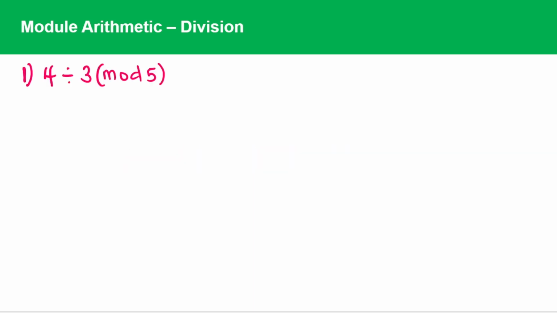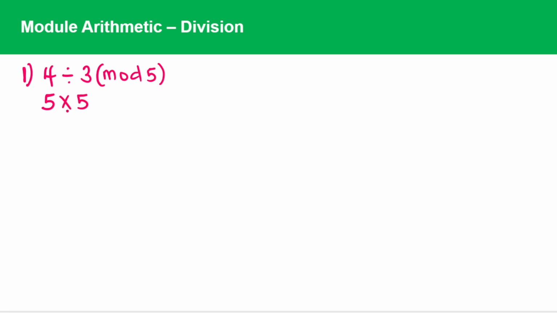We have 4 divided by 3 in mode 5 using the first method, that is the multiplicative inverse method. We'll begin first by trying to understand what the multiplicative inverse method is all about. Suppose I ask you, what is the multiplicative inverse of 5? Normal mathematics.